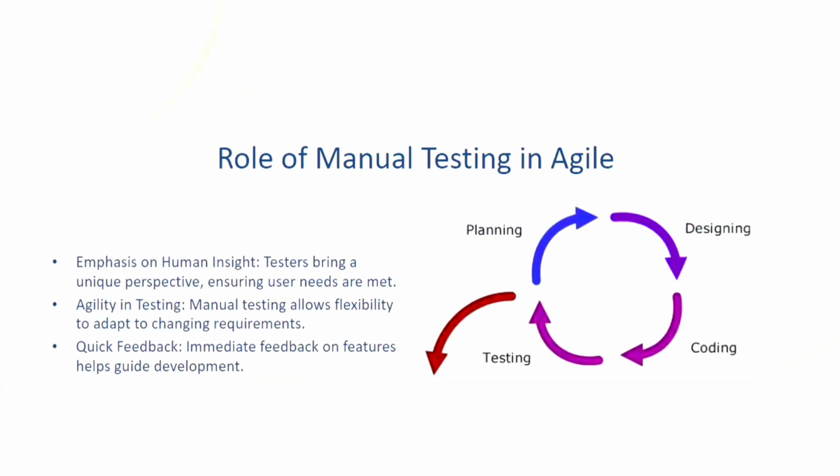Now, what is the role of manual testing inside agile? Guys, without manual testing we cannot proceed, because agility in testing is a very crucial thing.